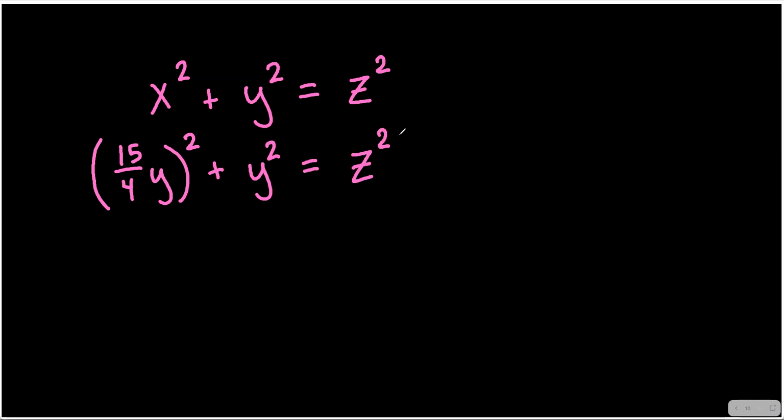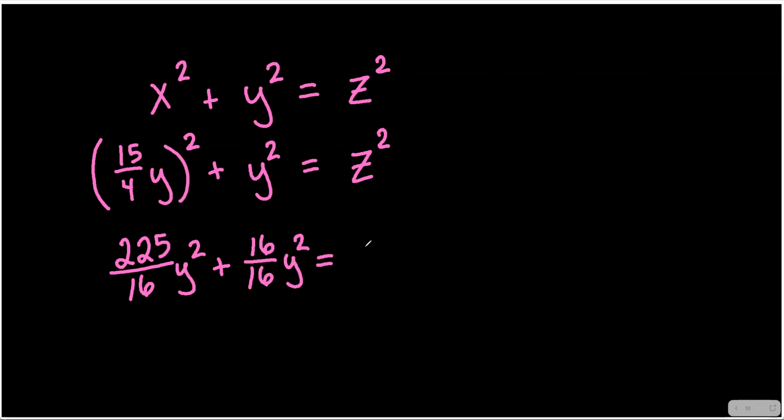And so here I have 225/16 y squared. In order to get a common denominator, I'm going to call this 16/16 y squared. And when I simplify this out, I get 241/16 y squared equals z squared.